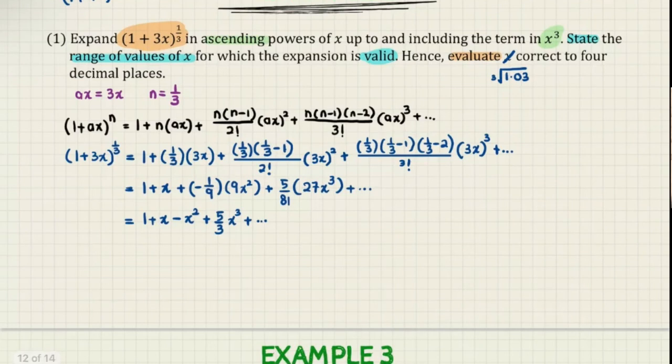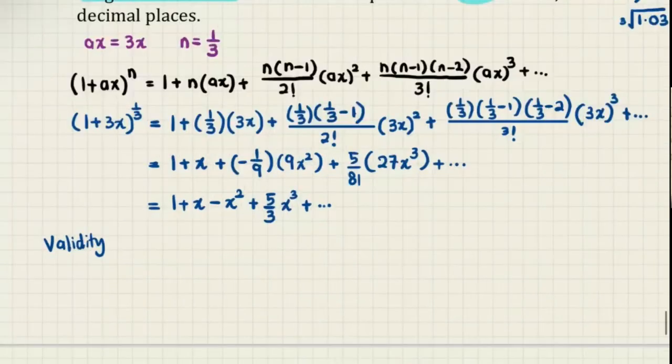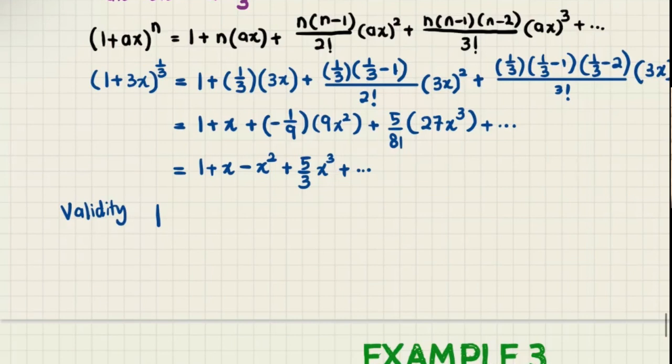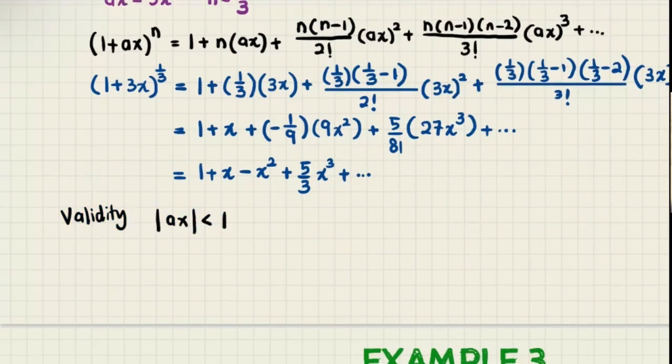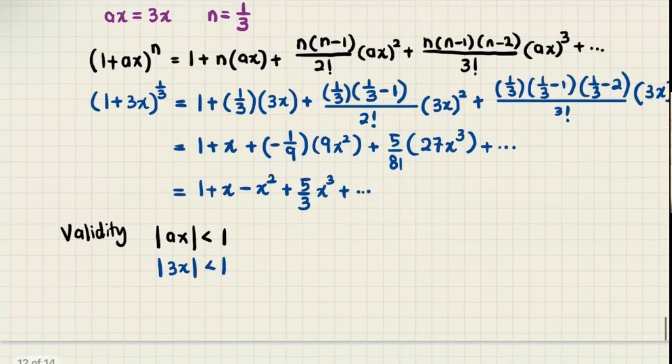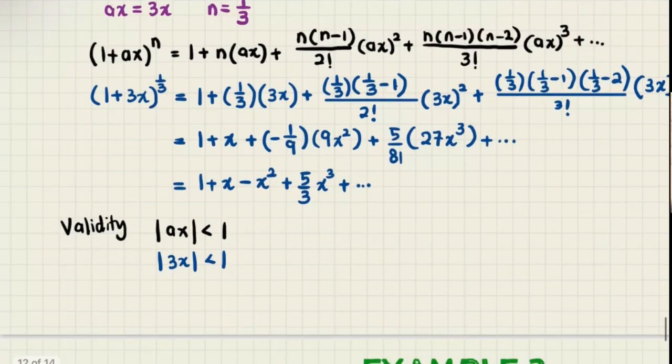So ini merujuk kepada validity lah. So untuk dapatkan validity, kita akan mula dengan modulus of ax less than 1. So in our case here, ax kita apa tadi? 3x. So modulus of 3x less than 1. Okay, so bila less than, it will be automatic in between negative 1 and 1.